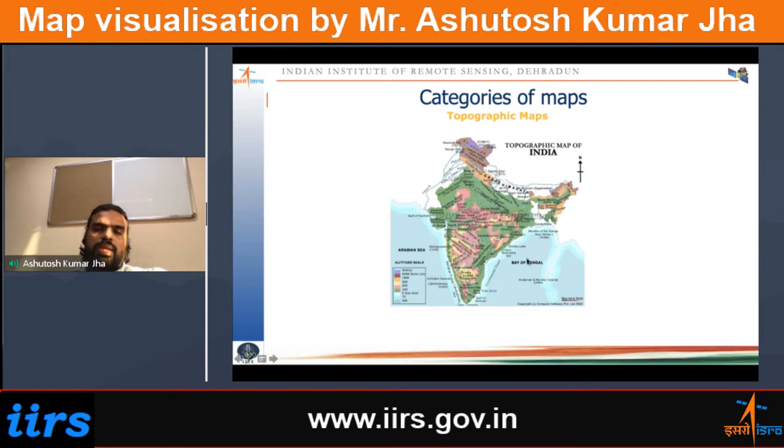So those are the areas which we can easily look into. The basic objective of a topographic map is that it provides these phenomena and directly links them to the locations.